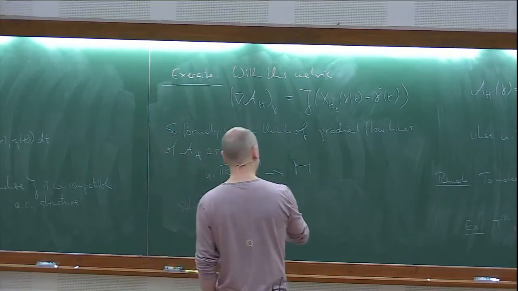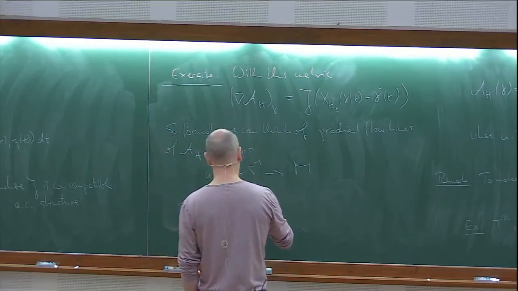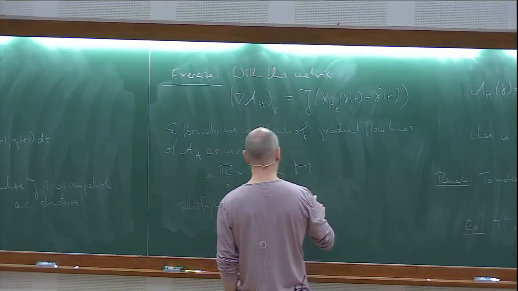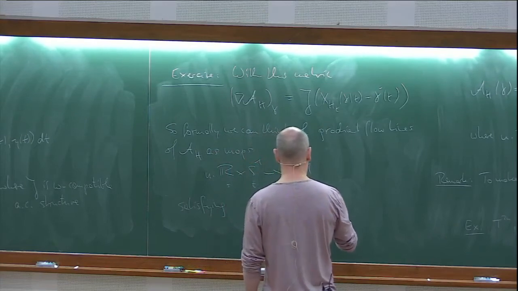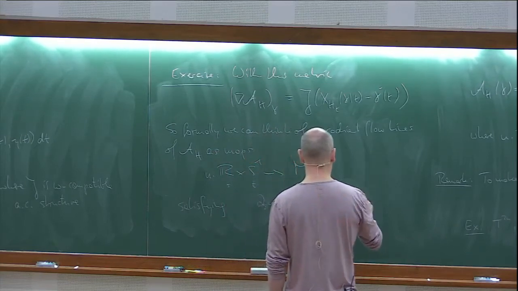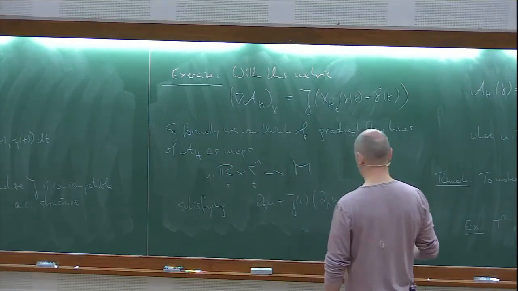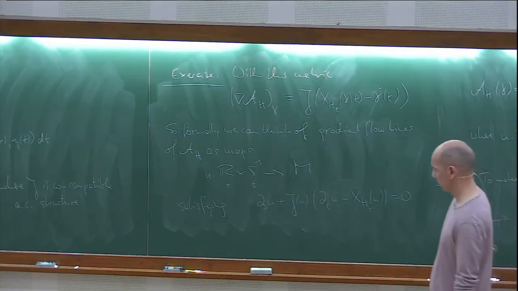That would mean that ds of U plus J, which depends on the point U, dt of U minus xh t of U is equal to 0. That's Floer's equation.